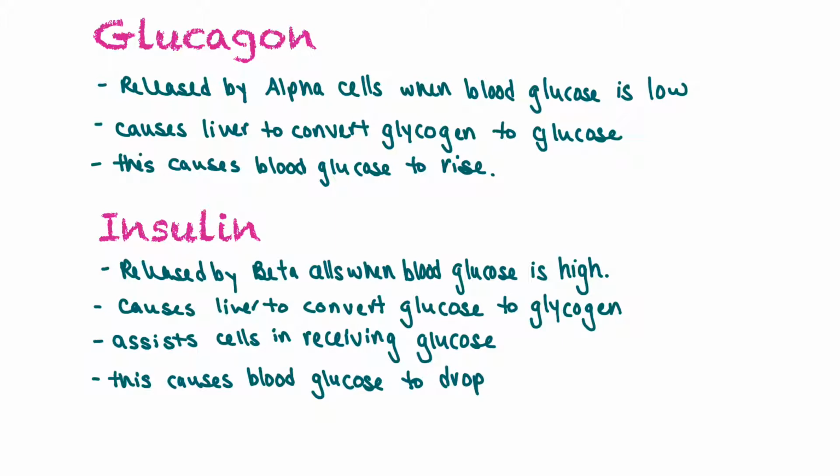Insulin is released by beta cells when the blood glucose levels are high, and insulin causes the liver to convert glucose to glycogen, so to store up that excess glucose. It also helps cells in receiving glucose so that they can perform cellular respiration, and this will cause the blood glucose levels to drop.